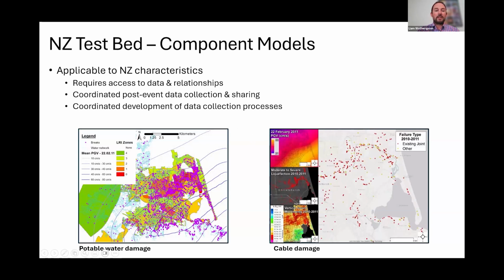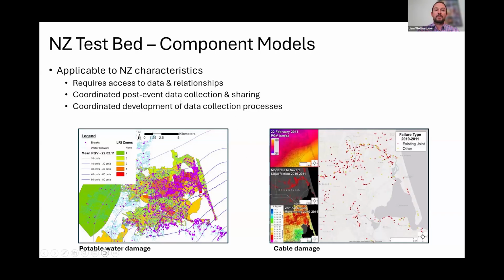So even back in the Christchurch earthquake, these are examples for the potable water damage to the network and the 11 kV power distribution network cables and the damaged locations. We're able to access that, which allows us to develop these sorts of models and improve.